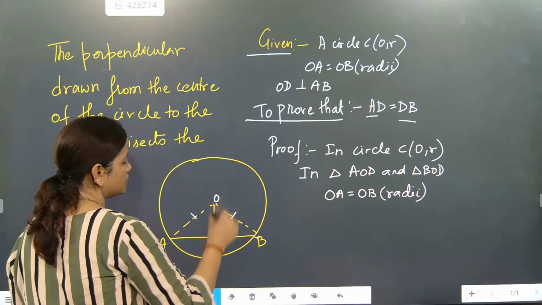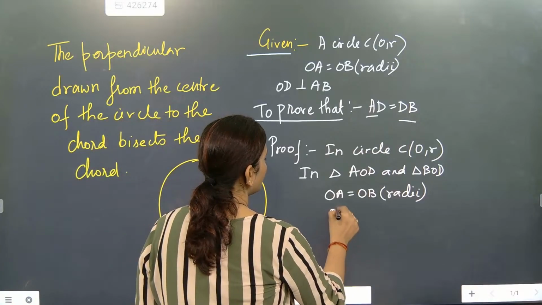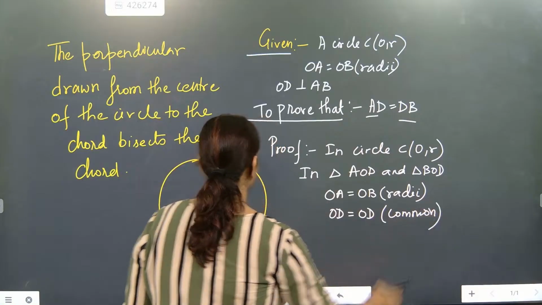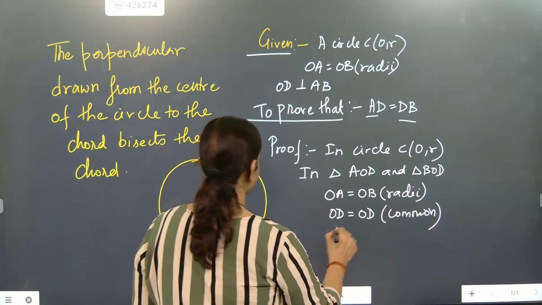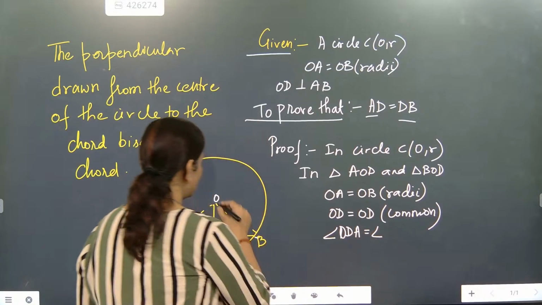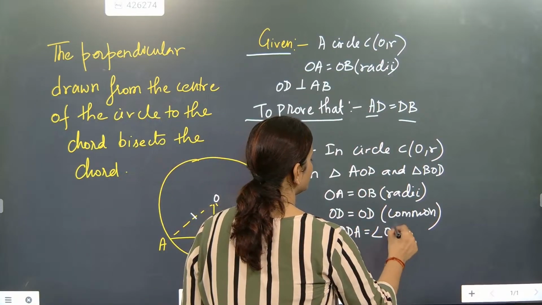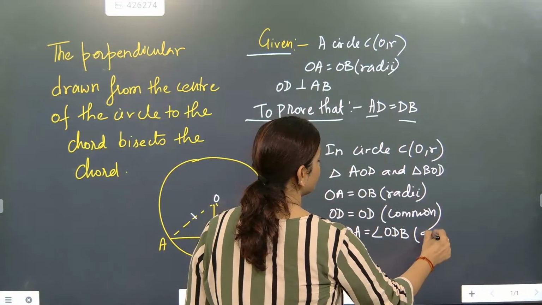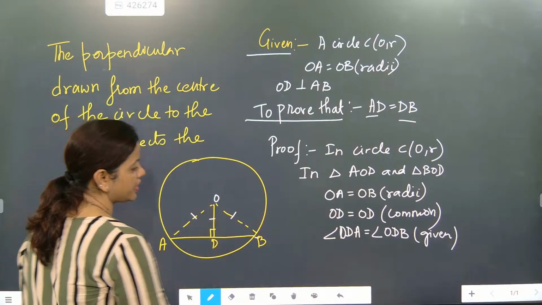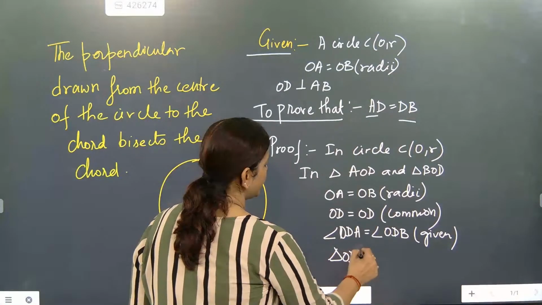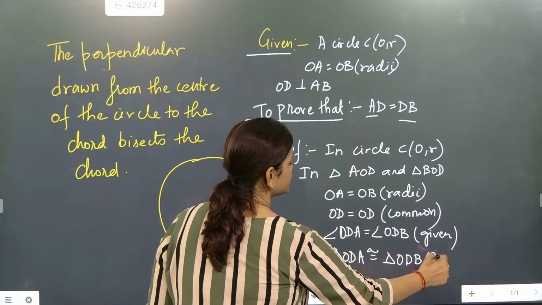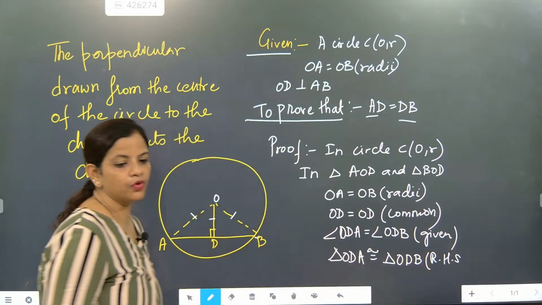OD is equal to OD, this is common. And this perpendicular is given: angle ODA is equal to angle ODB. So right angle, hypotenuse, side: triangle ODA is congruent to triangle ODB by RHS.